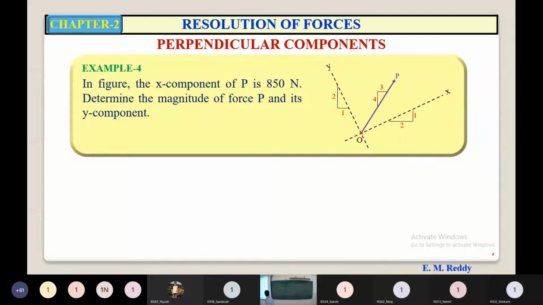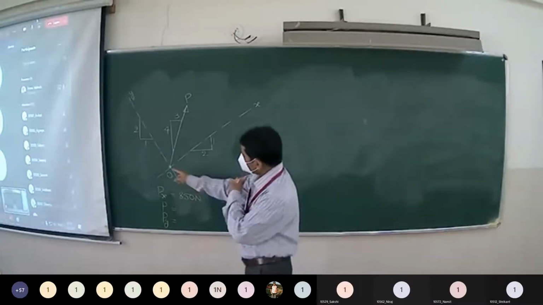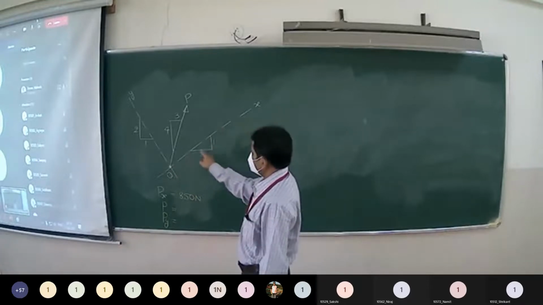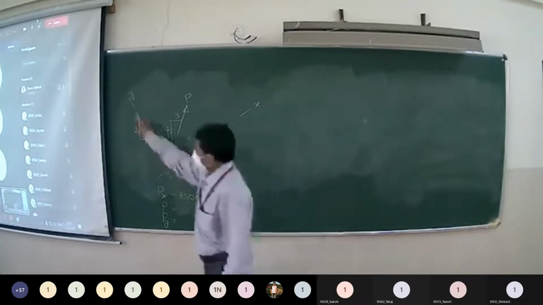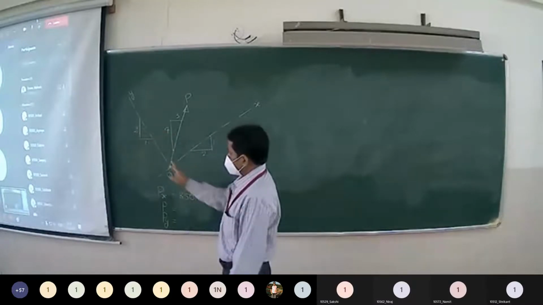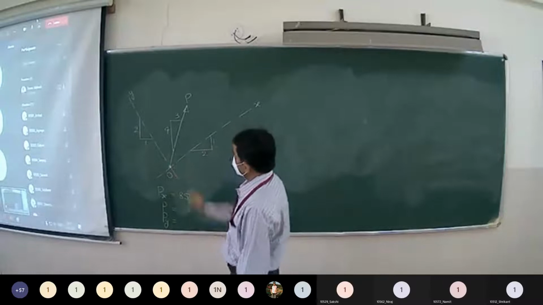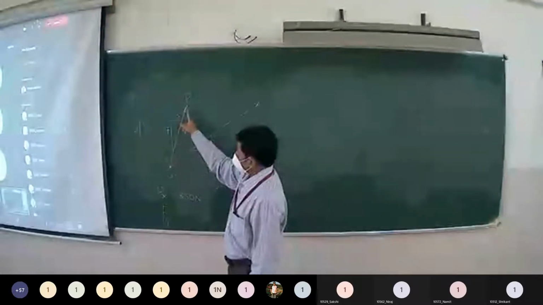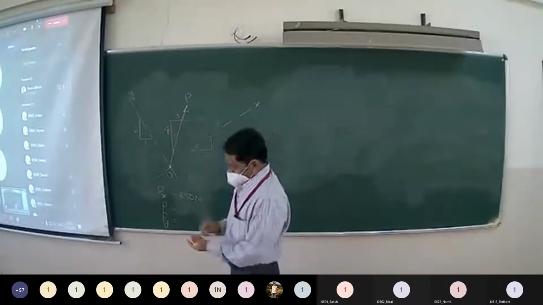In the figure, the x component of P is 850 Newton. Determine the magnitude of force P and its y component. See here, the slope of the x-axis is 1 by 2 and the slope of the y-axis is 2 by 1. That means the x and y axes are perpendicular to each other. Here, the slope of force P is 3 by 4.